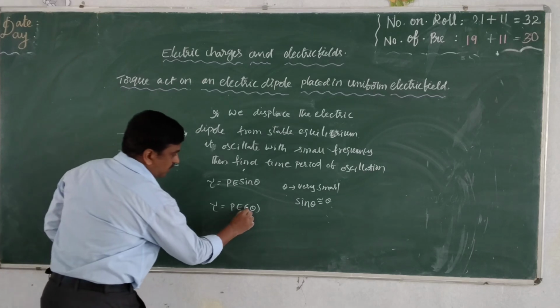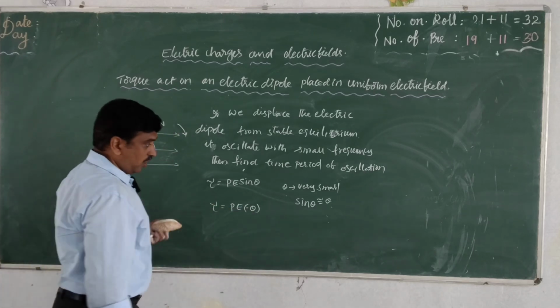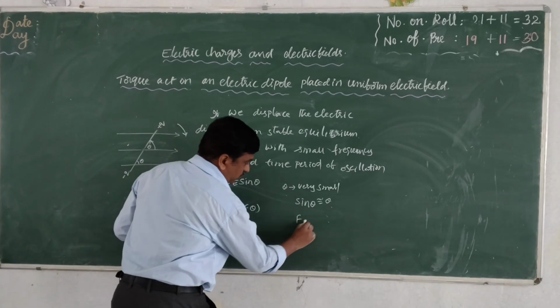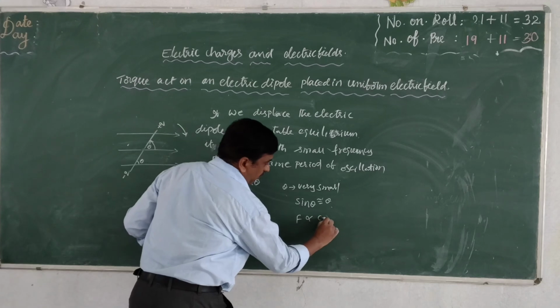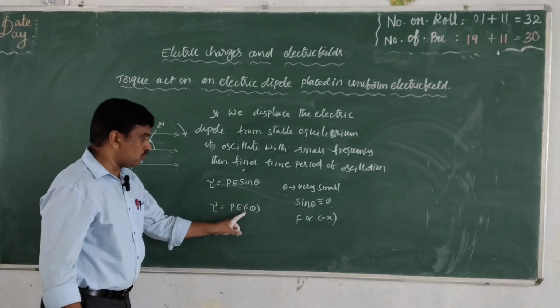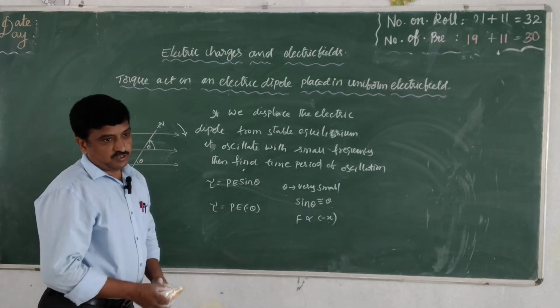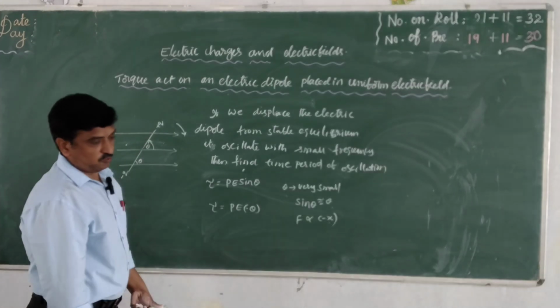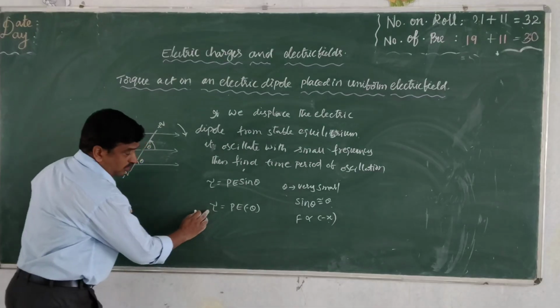That's why we take minus theta. We already know that in simple harmonic motion, force is directly proportional to minus x. So we write the torque as Pe times minus theta.